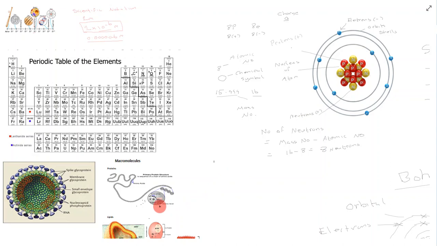So you can see, if you think about how complex this piece of the coronavirus actually is, it can be broken down into these atoms, and these atoms are extremely small. Just to give you an idea of how small an atom is, take just this full stop here, that full stop that I've just written.